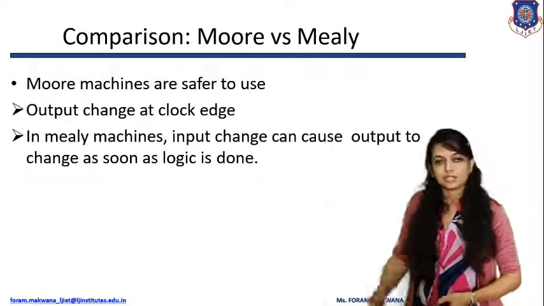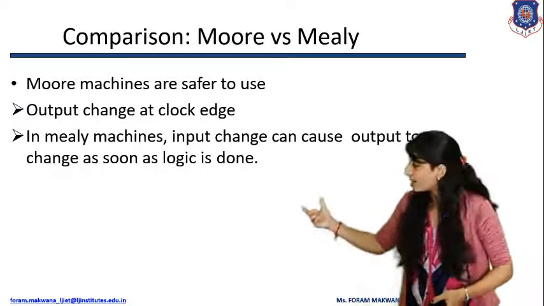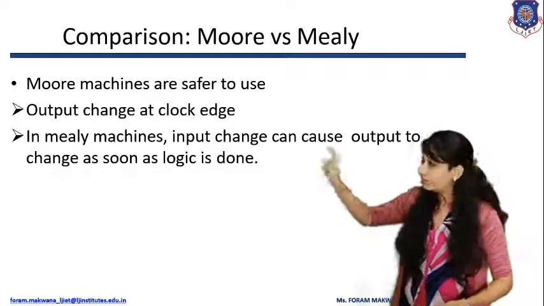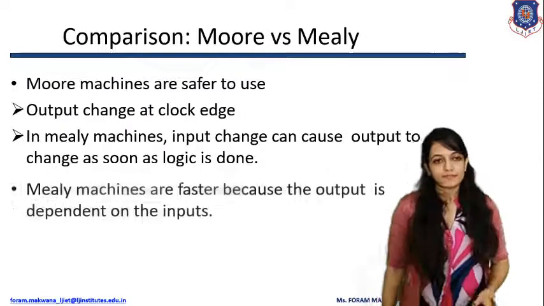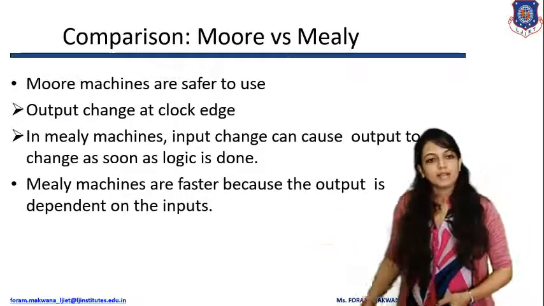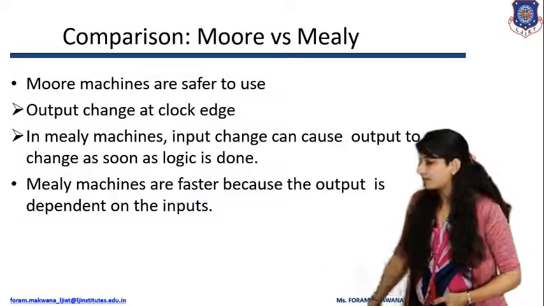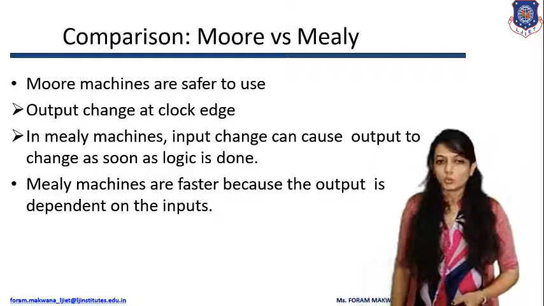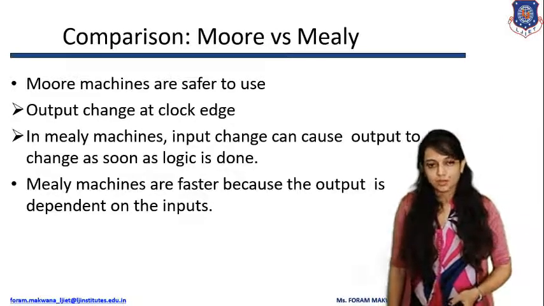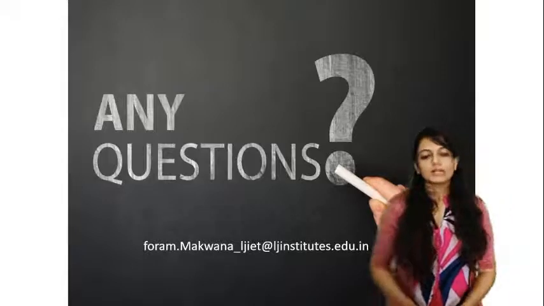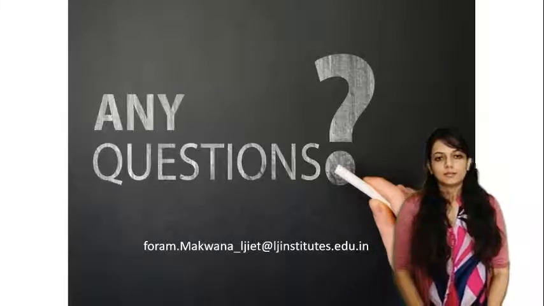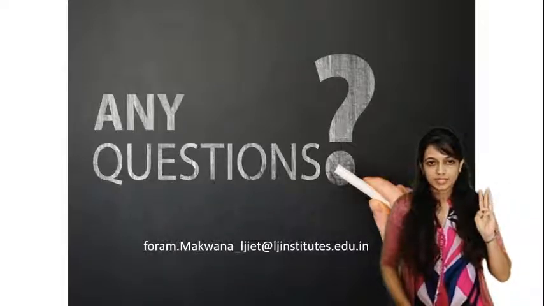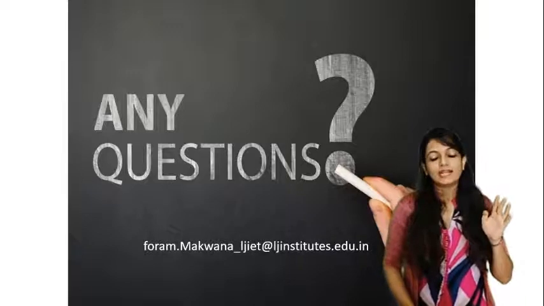Apart from that, in a Mealy machine, input changes can cause a change in my output, because my output depends on the input as well as my present state. Right? Second, Mealy machines are faster because the output is dependent on the inputs and the present state. Okay? So over here, we have covered the Mealy and Moore machine with its state table, state diagram, state equation, state graph, and this logical circuit diagram.